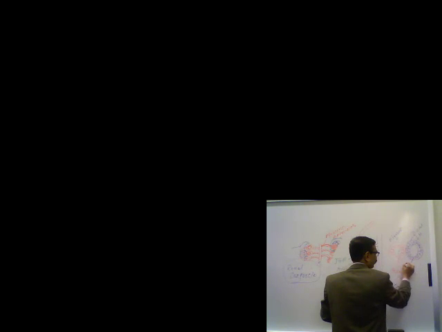In the wall of the loop of Henle, in this part, that means in juxtaglomerular apparatus, you also have highly specialized cells. These cells are called macula densa.